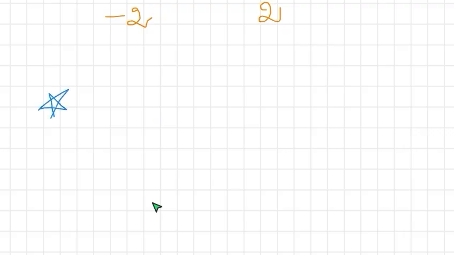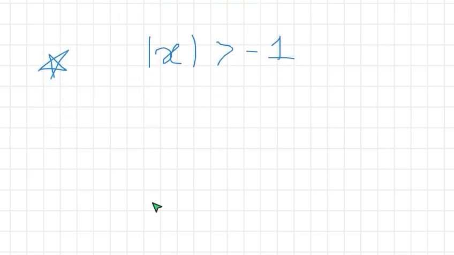So if you say the absolute value of x is less than negative 1, can you think of some values of x? Like 0, 1, 2, 3, 4. What about 0.1?